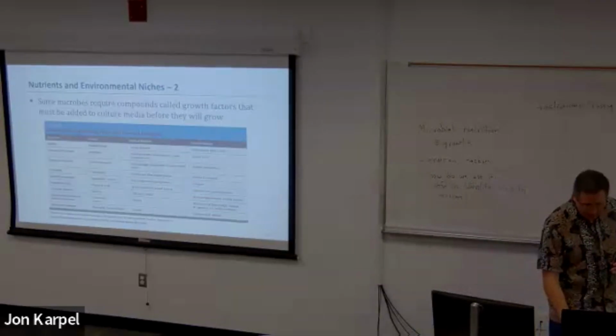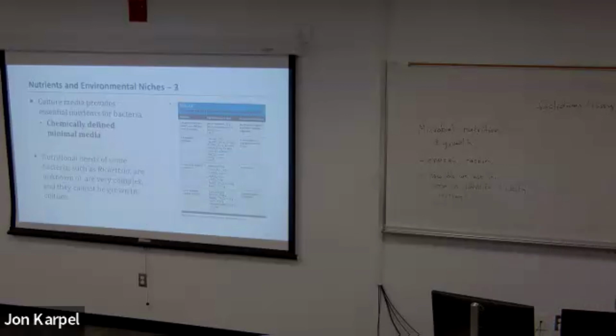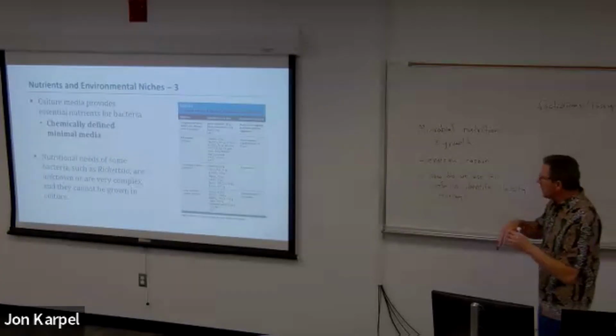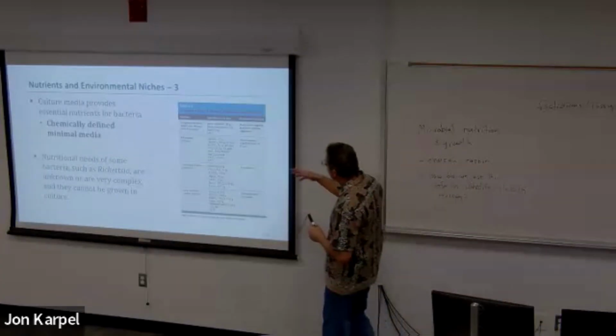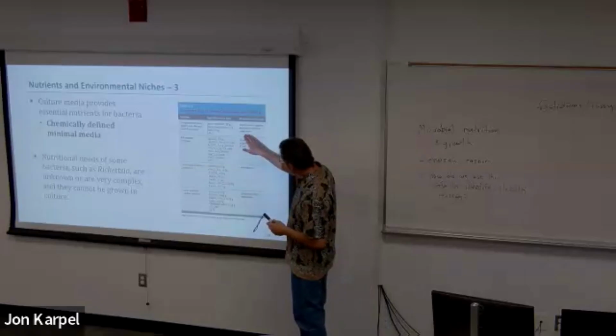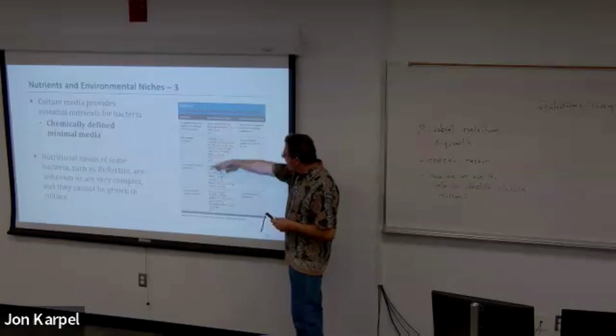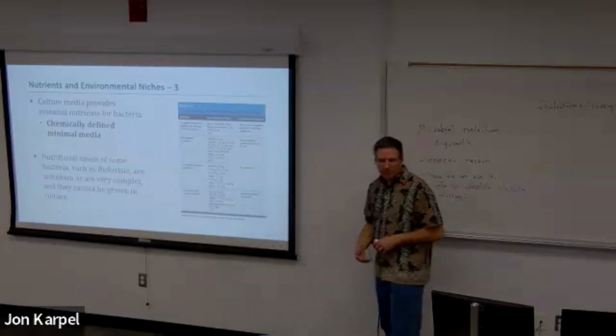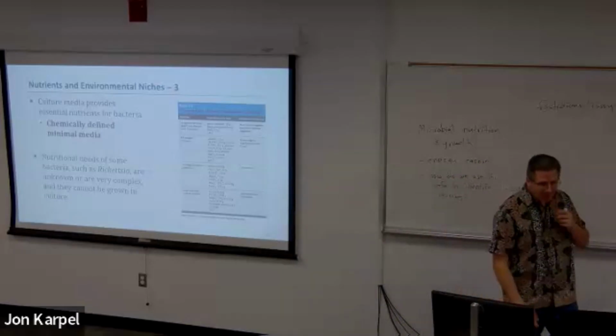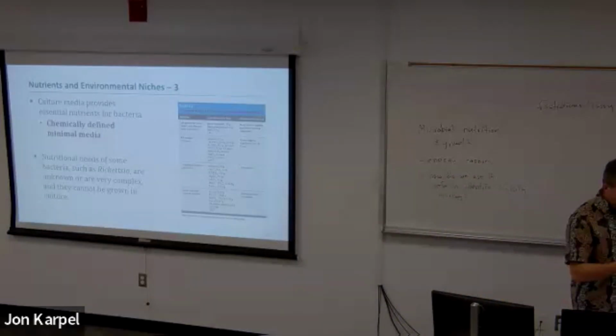People try to understand what these things need to be able to grow. And then again, we can change these, right? So when we do a defined media, we can change the actual ingredients to then help us grow whatever we're trying to grow. So it can differ depending on what the organism depends on, basically. Okay. And again, this helps us.